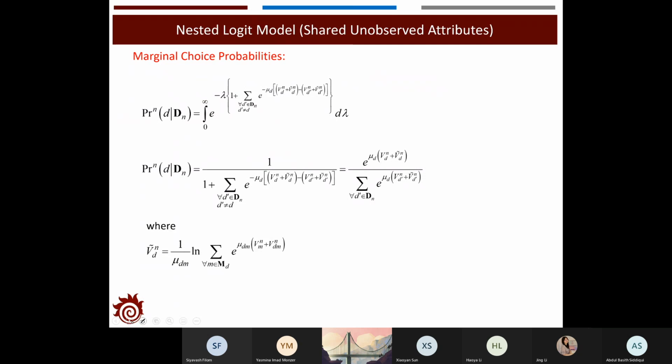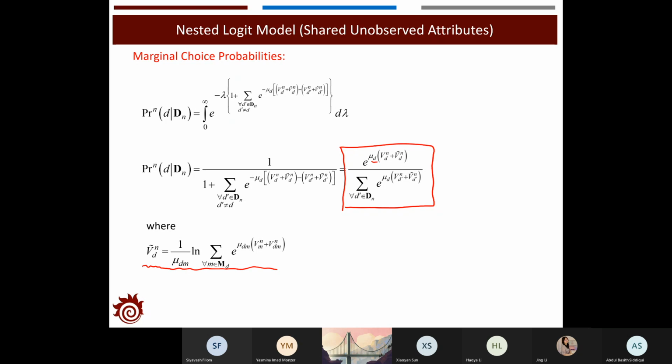So it will be a very simple equation. Once you finish everything, you can get the marginal choice probability with this equation. The probability of choosing the destination D is exponential mu D times Vd plus Vd tilde. Vd tilde is a weighted log sum term.